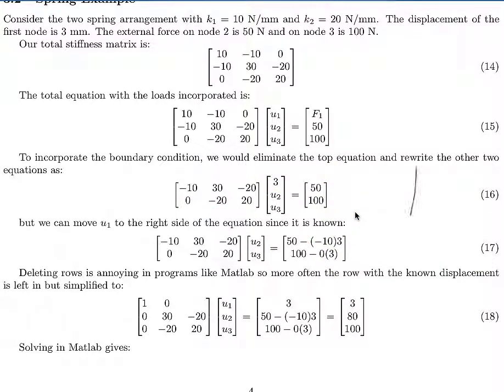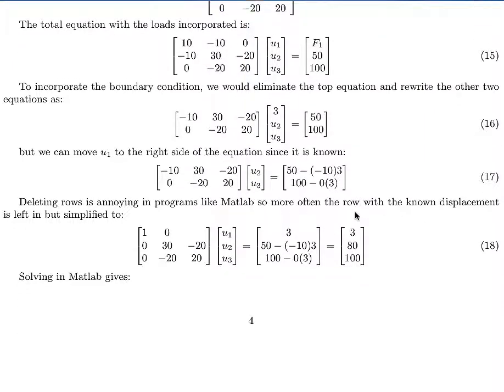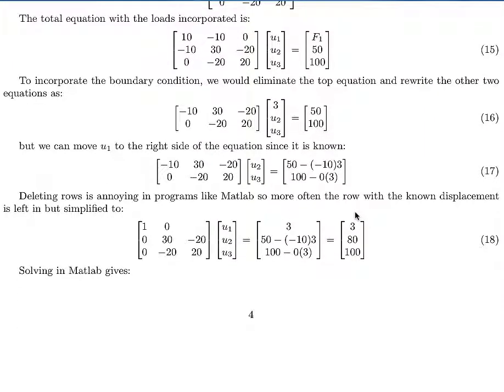Therefore, we can rewrite now the set of equations, including the boundary conditions, in the following form. The first row will be 1 in the stiffness matrix that corresponds to the known displacement, and we can put its value on the right hand side. In the second and third, we have to include zeros in the stiffness matrix, so this will be another 0 missing here.